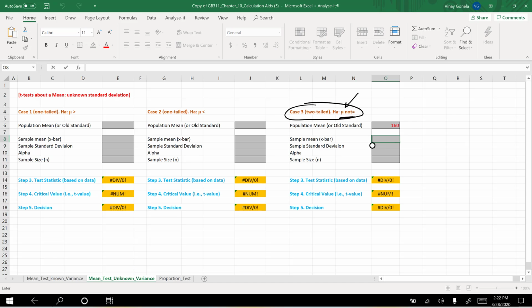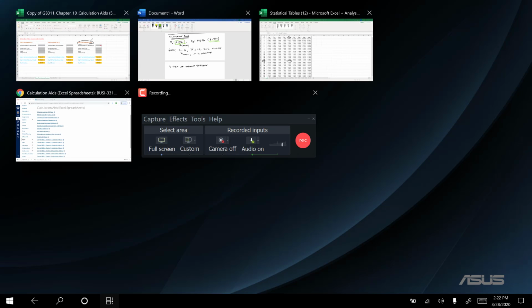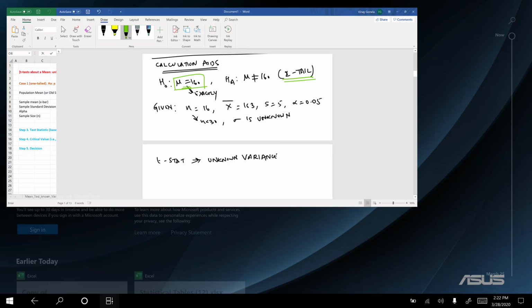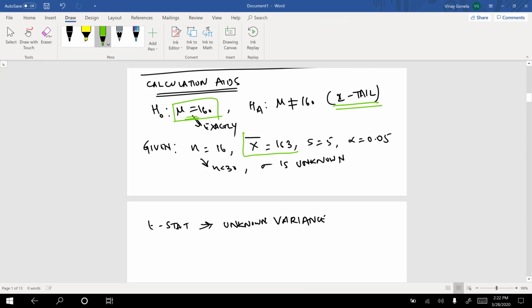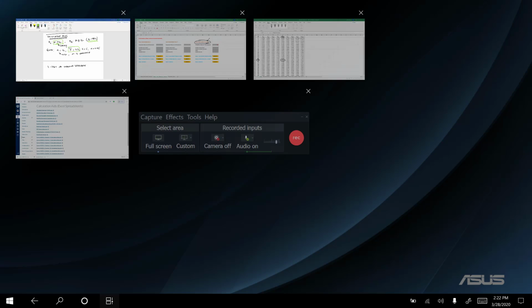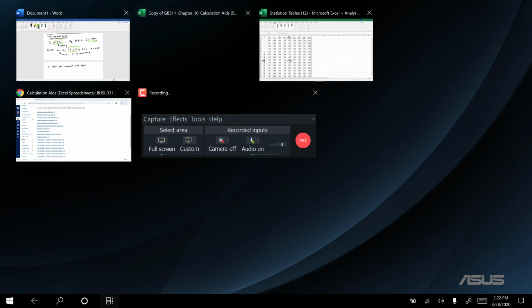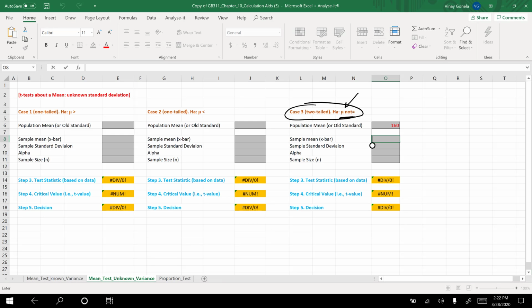This is sample mean, so I will look for sample mean x bar. X bar is given as 163, so I will enter 163 here.